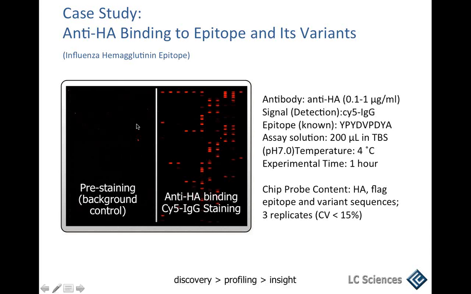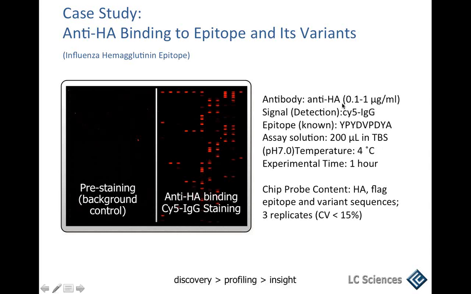When you're looking at the left side of this picture, this is basically a chip scan after pre-staining, just the background control. You see it's basically black, no binding whatsoever. And then here on the right hand side, this is the scan after we used the anti-HA antibody, and we used it actually at 1 microgram per milliliter.